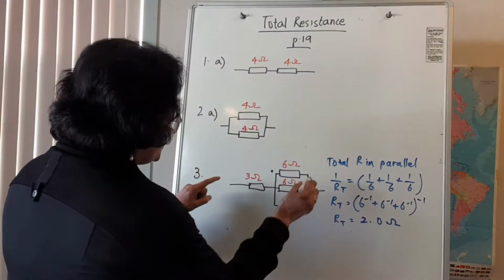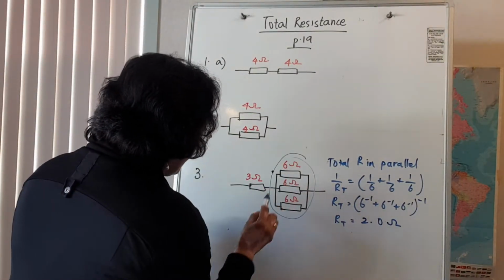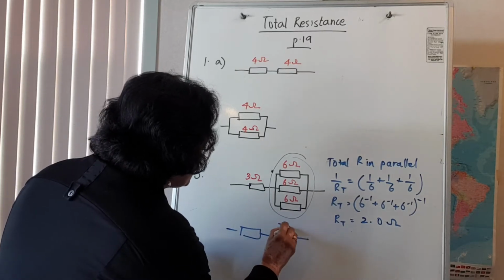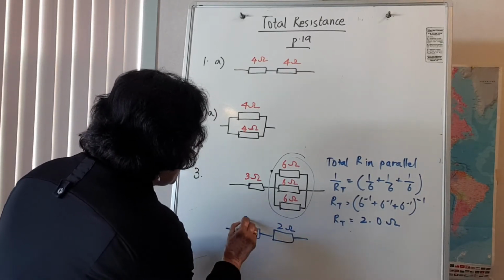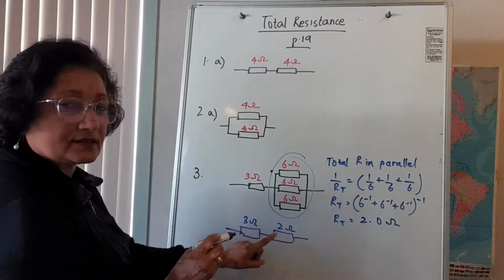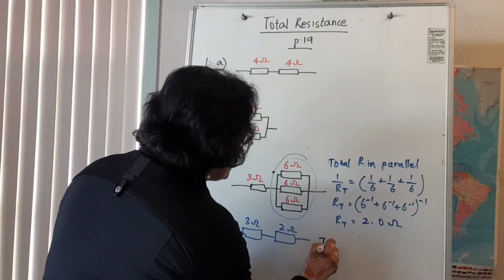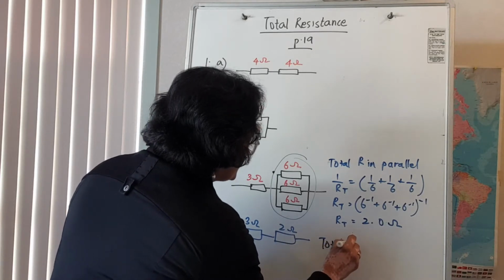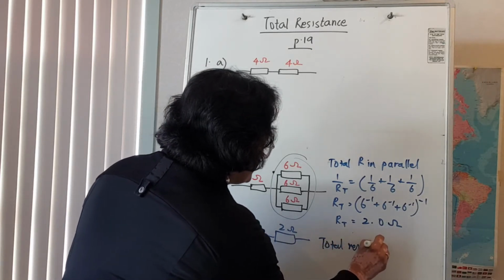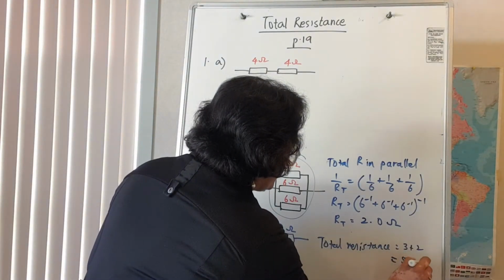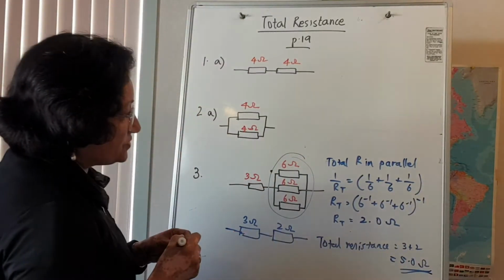This simply means you can replace this whole thing with a single 2 ohm resistor. You've got a 2 ohm and then a 3 ohm here. These two are in series, so 3 plus 2, 5 ohms. So your total or effective resistance is 5 ohms. So that's how you do that.